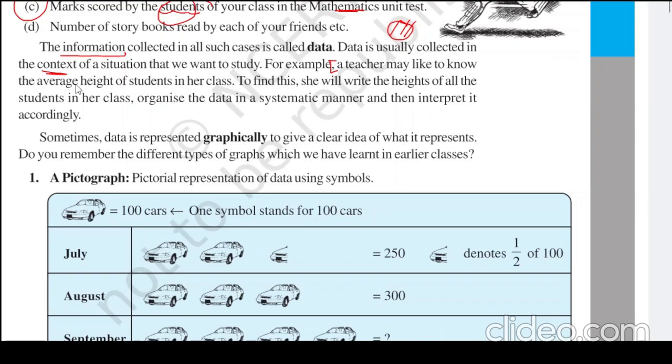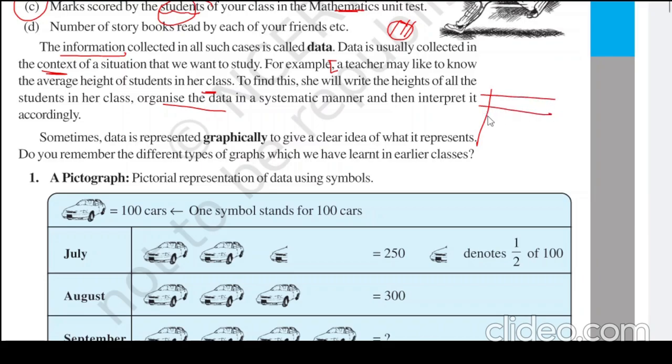For example, a teacher may like to know the average height of students in her class. Okay, average height of students. A teacher is trying to find the average height of students in their class. So what will he do? He will first collect the data. First he will measure the heights, then organize the data in a systematic manner, and then interpret it. He might form a WhatsApp group, then ask you to fill in a Google sheet.